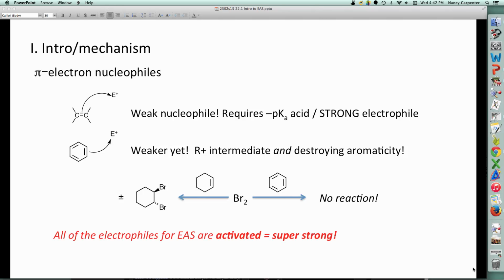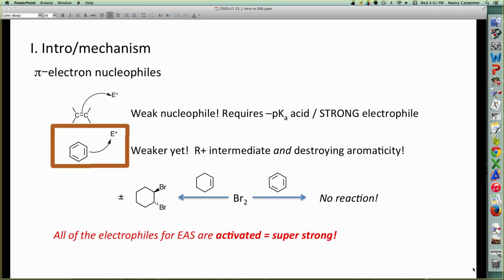So if I am actually going to get this kind of reaction to take place, I am going to have to use a super strong electrophile to make this thing happen. And as you will see, basically we do that by supercharging the electrophiles by reacting them with something else first to activate them.